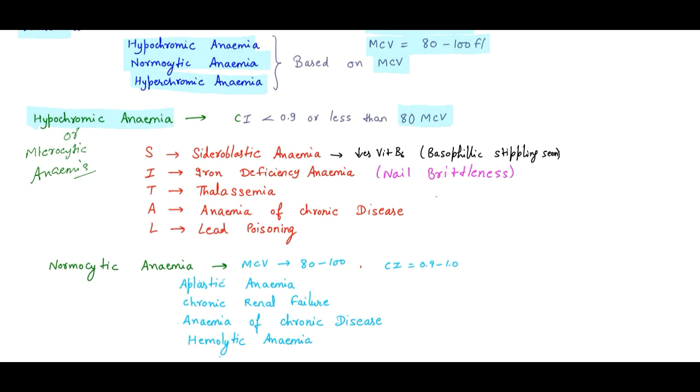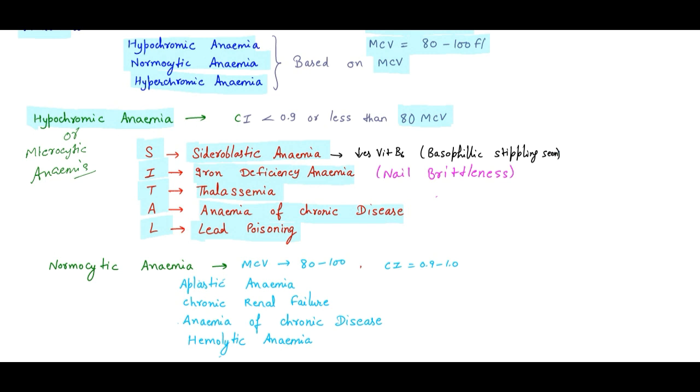Okay, what are the types of hypochromic anemia? Remember the mnemonic: Sheetal. Sheetal stands for sideroblastic anemia, iron deficiency anemia, thalassemia, anemia of chronic disease, and L for lead poisoning. Lead poisoning is like a sideroblastic anemia, but we put it separately.